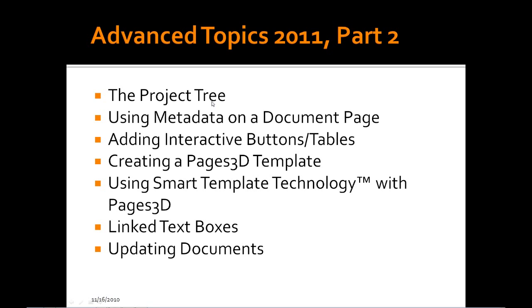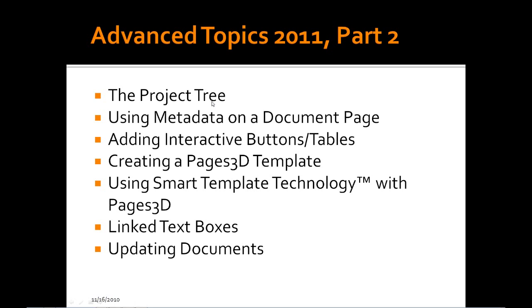We're then going to create a document page that's going to use that metadata on the document page. We're going to then add some interactivity to that page, buttons, some tables, things that will allow you to create an interactive document. And then we may drag a parts list out onto the page as well, and we'll create kind of a one-page version of a document.